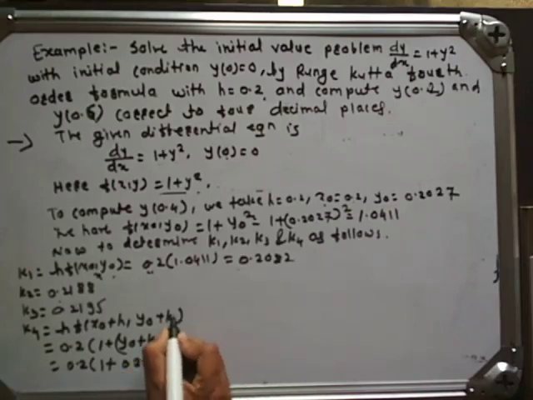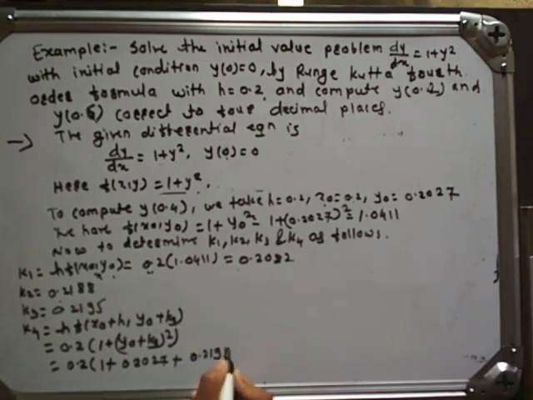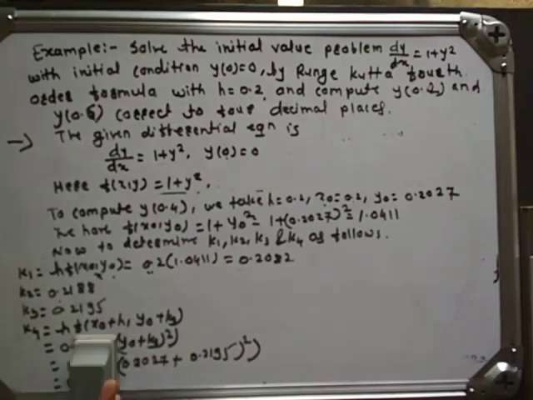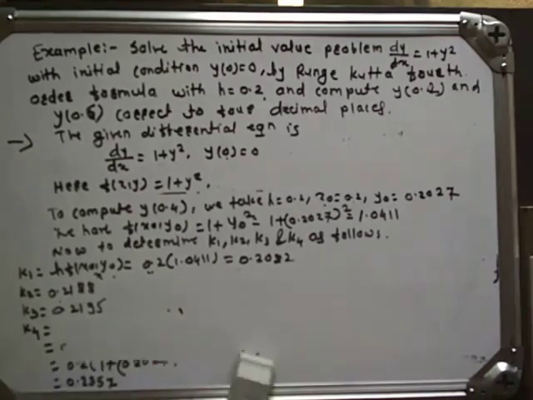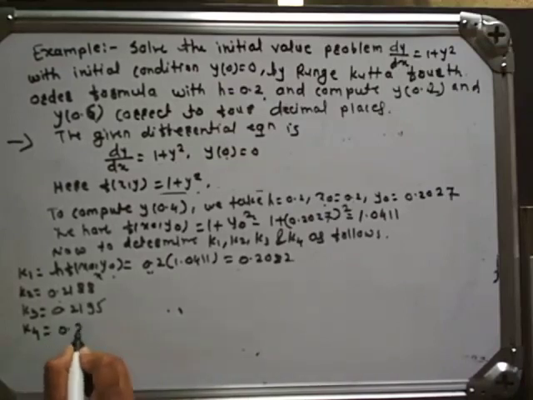K3 is 0.2195 bracket square. So K4 is equal to 0.2357. These are the values of K1, K2, K3 and K4.